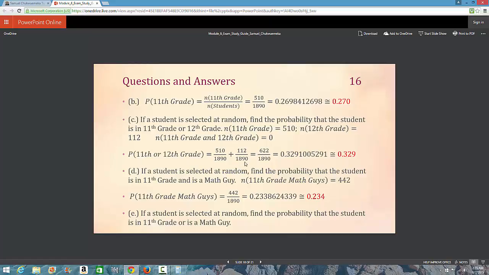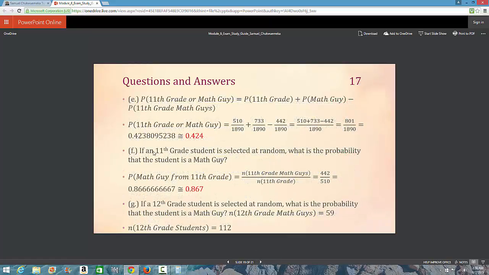It could be a math guy, it could be an art guy, it could be 11th grade, 10th grade, or 12th grade. But in this case, they said if an 11th grade student is selected at random, so our sample space now changes to 11th grade students only.